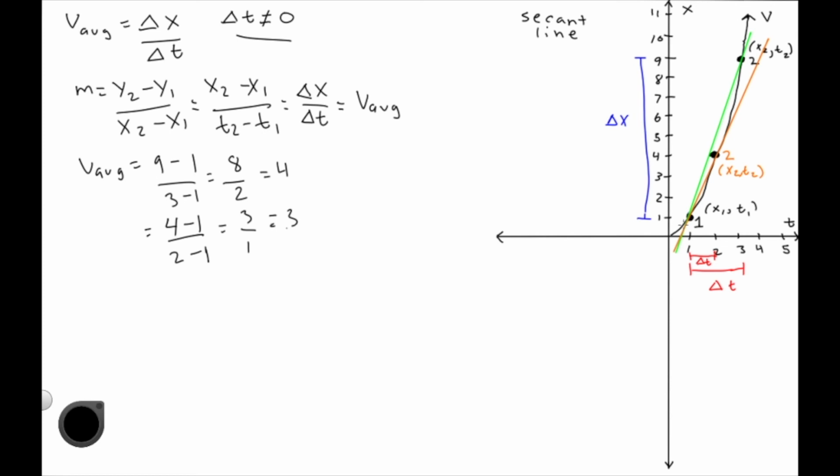And so since the distance between point 1 and point 2 is so small, these two dots would be almost on top of each other. And so the line going through these 2 points is going to be called the tangent line.